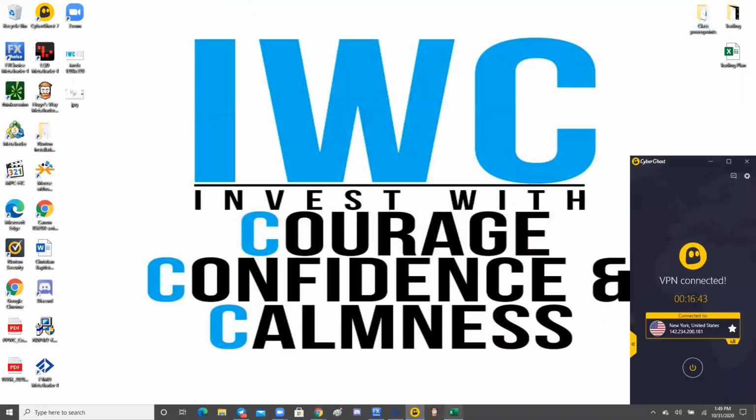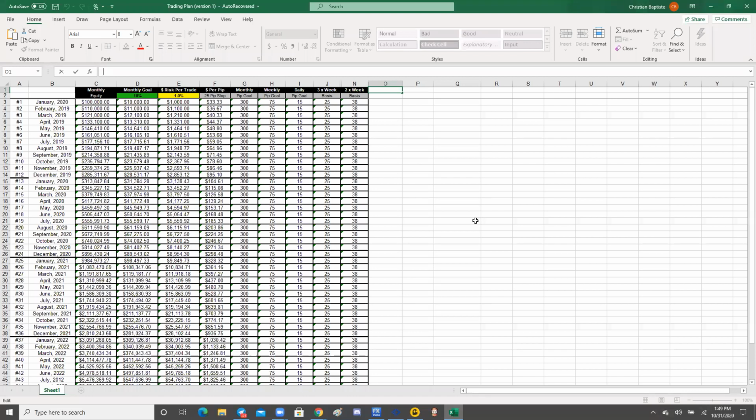Right here we have a nice trading plan of 100K. So, 100K account, the monthly goal is 10%, which is what you got to make with FTMO, and you're going to be risking 1% on a trade. So your lot size on about a 20 pip stop loss is about a 3 lot size.